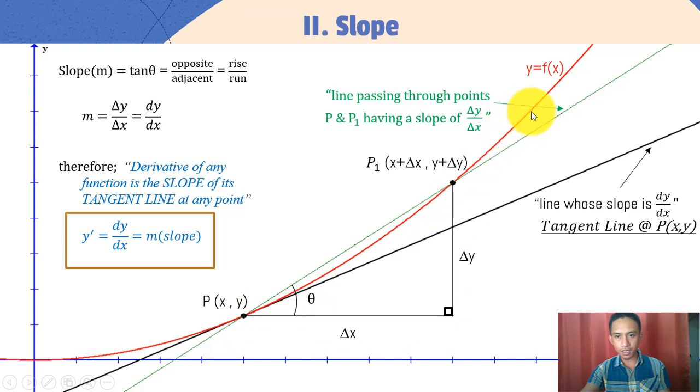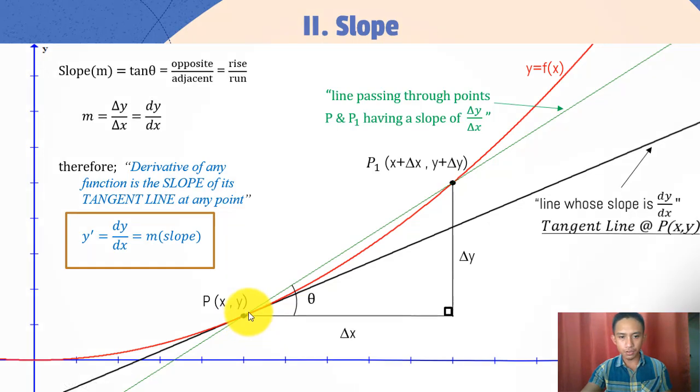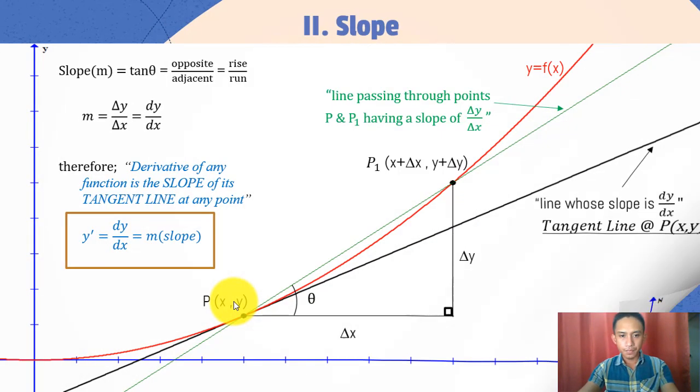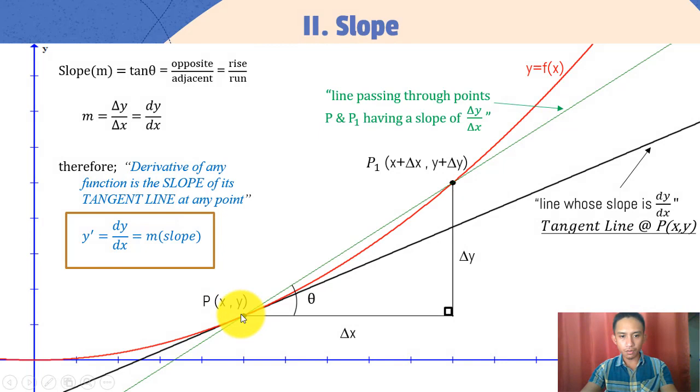Now, the explanation of that. In this original green line, there are big changes in delta y and delta x, so there is a big movement of your point. But if I just consider a very, very small change in delta x, then the movement will be just after this point, very, very close to the original point. Of course, that will result in a delta y, but still very, very small.